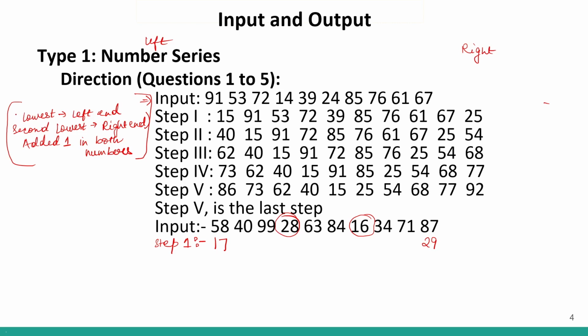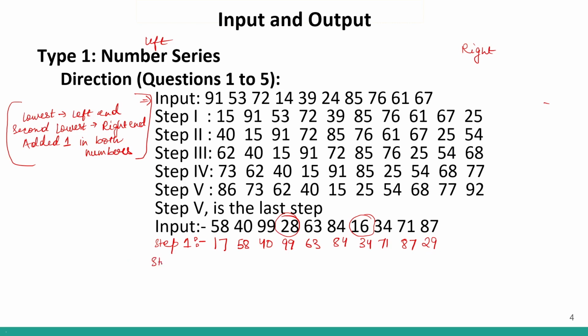Because look over here, lowest is going on the left hand and second lowest is going on the right hand. So 17 will come over here, 29 will come over here. The rest will be in the same sequence, correct? So it will be 58, 40, 99, 63, 84, then 34, 71 and 87. These will be in this sequence only, correct?